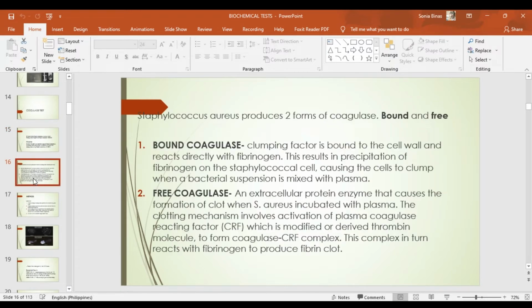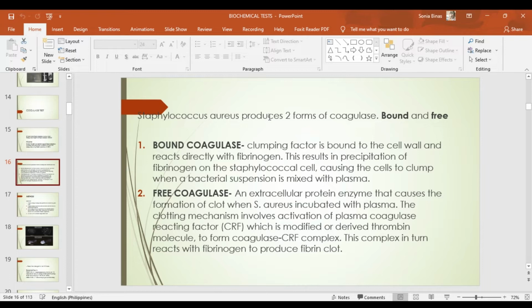So, kaya positive again ang ating Staph aureus because Staph aureus produces two forms of coagulase, the bound and free coagulase. So, ang ating bound coagulase or ang ating slide method, it is a clumping factor that is bound to the cell wall and reacts directly with fibrinogen. This results in precipitation of fibrinogen on the staphylococcal cell, causing the cells to clump when a bacterial suspension is mixed with plasma.